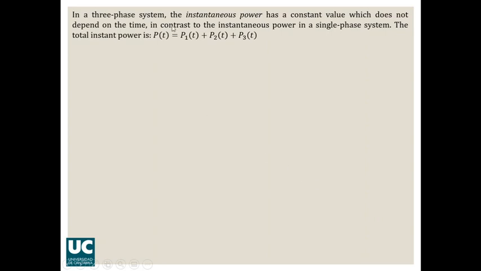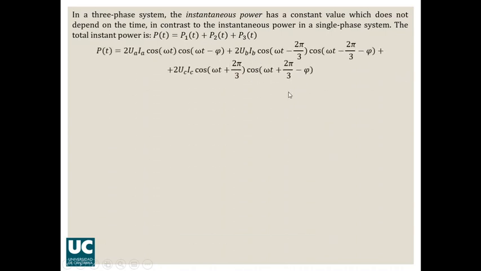The total instantaneous power is going to be the sum of the instantaneous powers in the 3 phases of the system. So here you have the sinusoidal wave, depending on time, for the power of P1, P2, and P3.